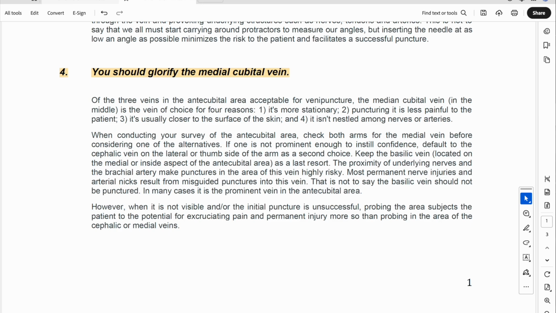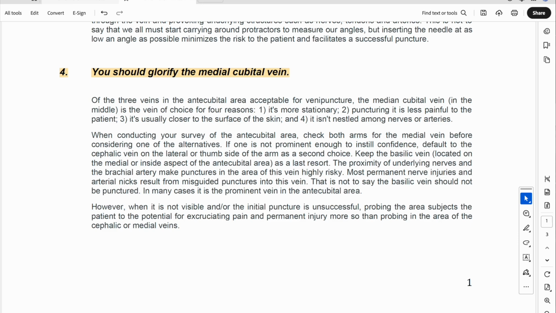First, it's more stationary than the other veins, making it easier to hit and less likely to roll away from your needle. Second, puncturing it causes less pain to the patient due to fewer nerve endings in this area. Third, it's usually closer to the skin surface, making it more accessible. Fourth, and most importantly from a safety standpoint, it's not nestled among critical nerves or arteries.